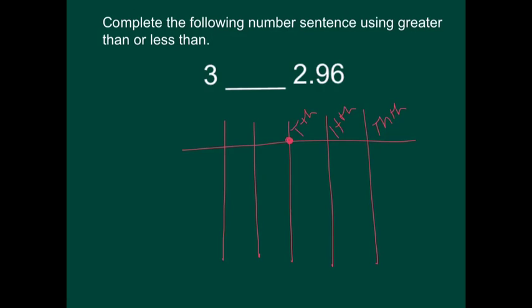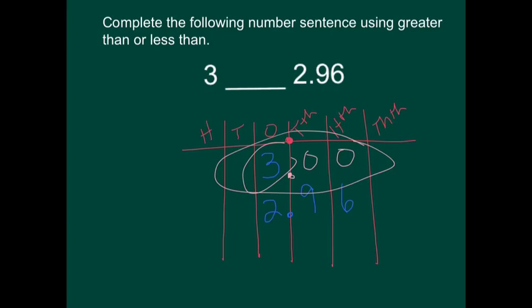My decimal will go right before my tenths, ones, tens, hundreds. I have 3, and I have 2 and 96 hundredths. I'm going to have to put some zeros after my 3 to just even out the amount of digits. 3 ones is still greater than 2 and 96 hundredths.